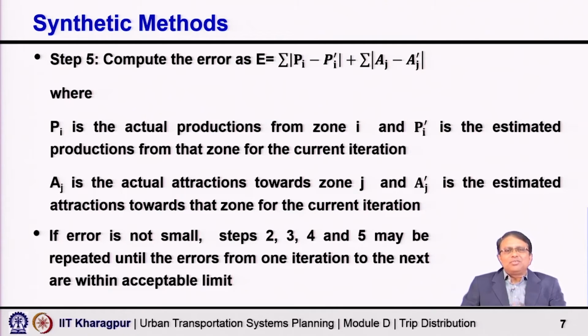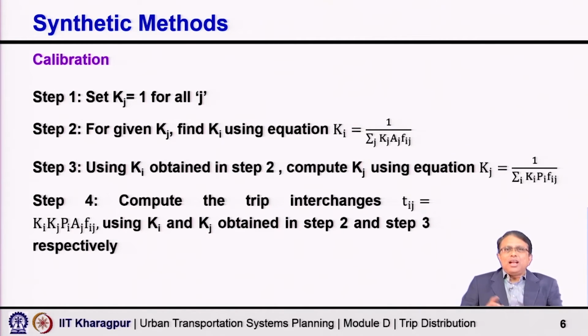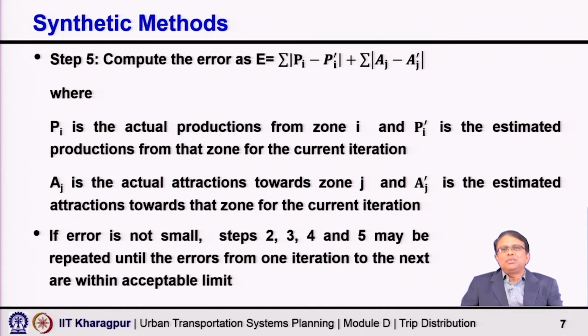If not satisfied, we make one more round of iteration. Given the last set of Kj, I will calculate the Ki value, and then with the revised Ki value, I will again calculate the Kj value, and like that I will keep on iterating, and sometimes things will converge. This is one possible way you can do it.